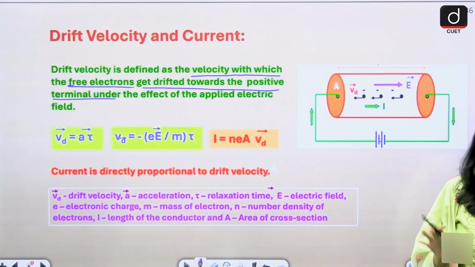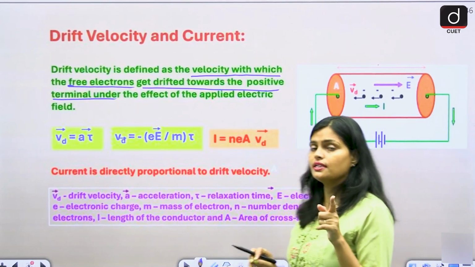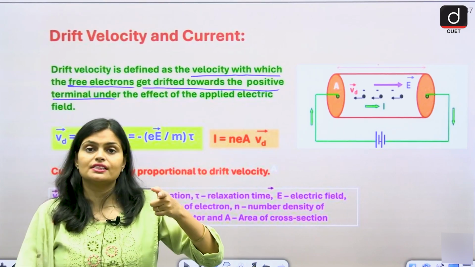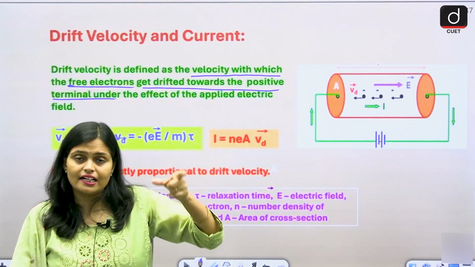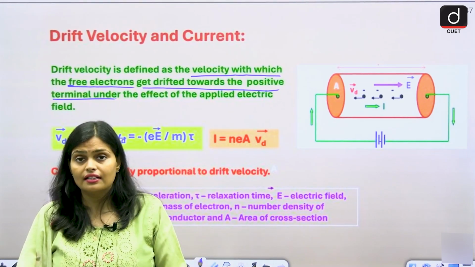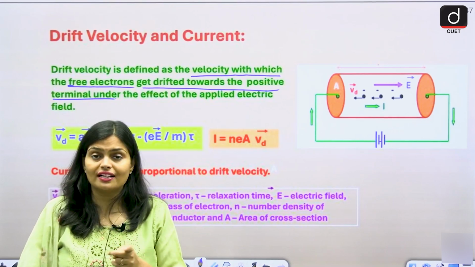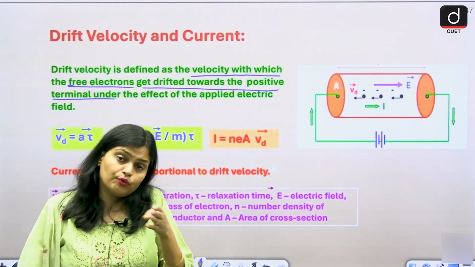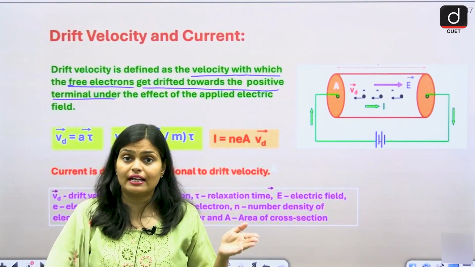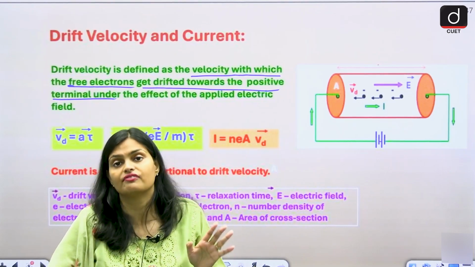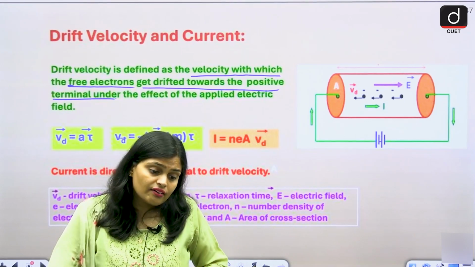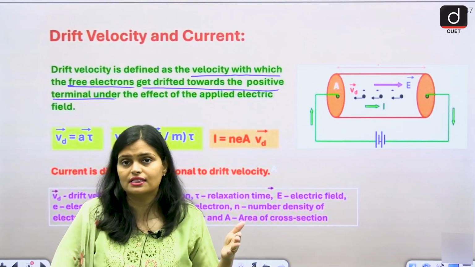It's very simple. Thermal velocity is by applying temperature, heat. Drift velocity is when you place the conductor in an electric field, and the electron moves from the negative to the positive terminal. So the simple definition is that in drift velocity, electrons are moving in the presence of an electric field.